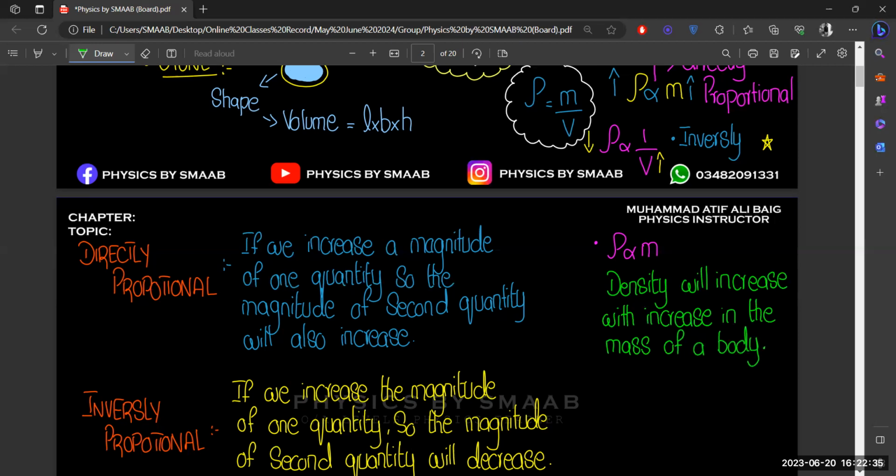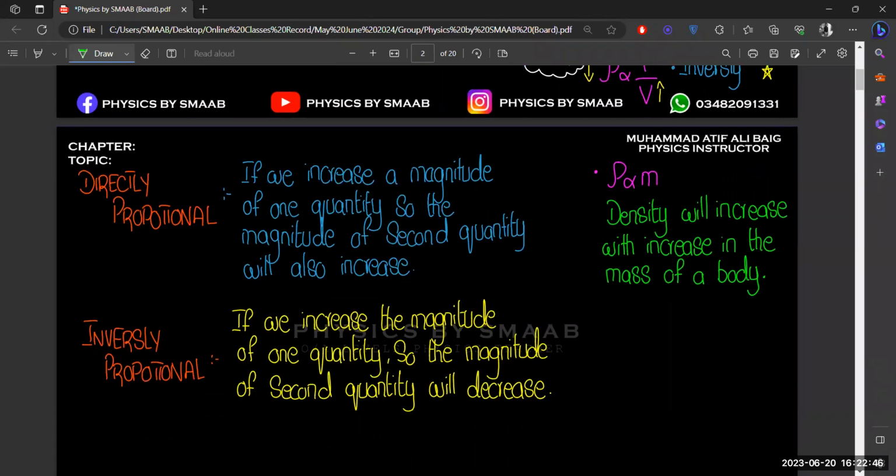We know that density is directly proportional to the mass. So if we increase the mass of a body, density will automatically increase with the increase in mass of a body, right?